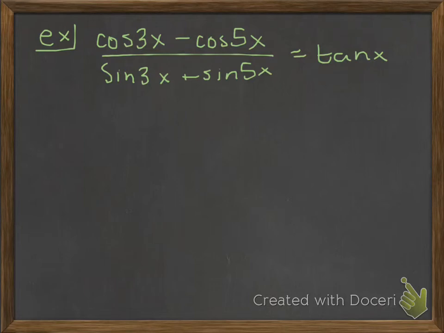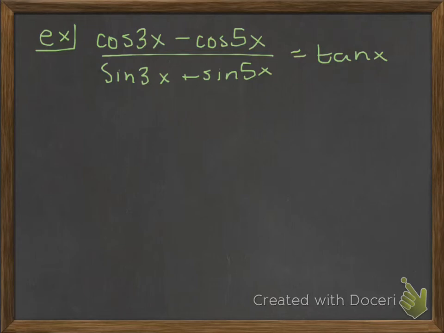I know tangent is sine over cosine, but that's not really going to get me anywhere. So we're going to work with the left side. And notice I have two different formulas. In the top, cosine minus cosine is the fourth formula, and in the bottom, sine plus sine is the top formula. And notice in both cases, alpha and beta are the same. Alpha is 3x for both top and bottom. Beta is 5x for the top and bottom.